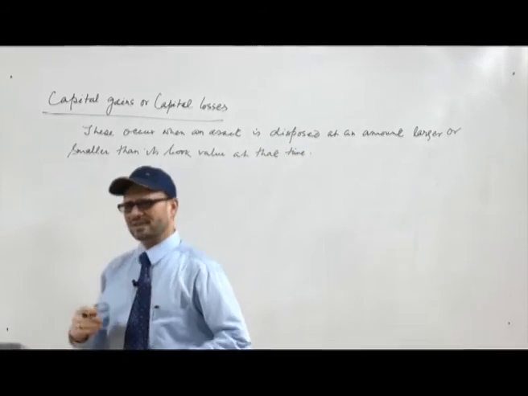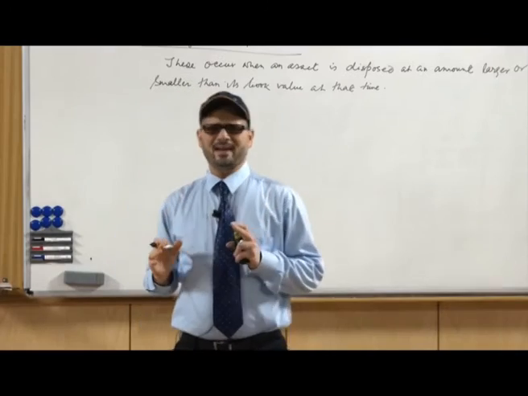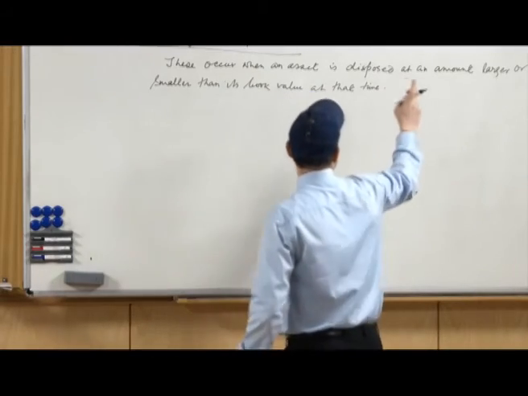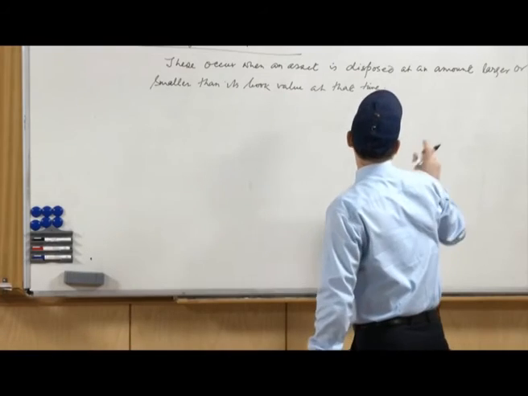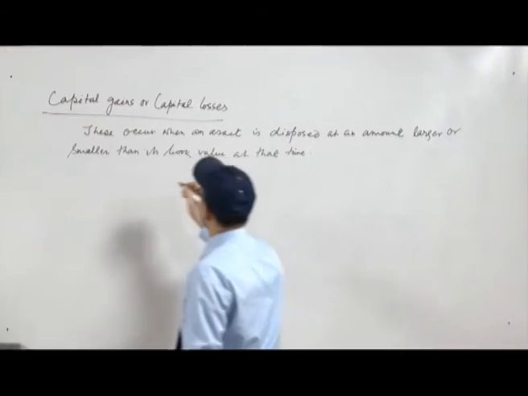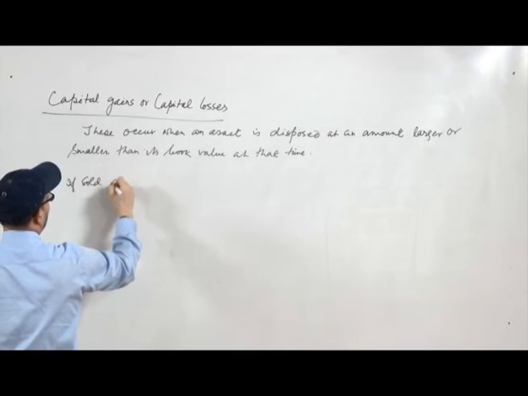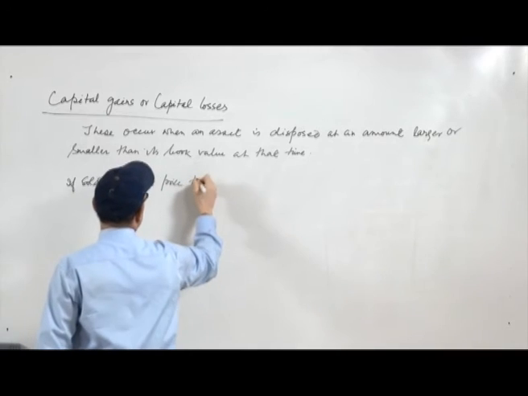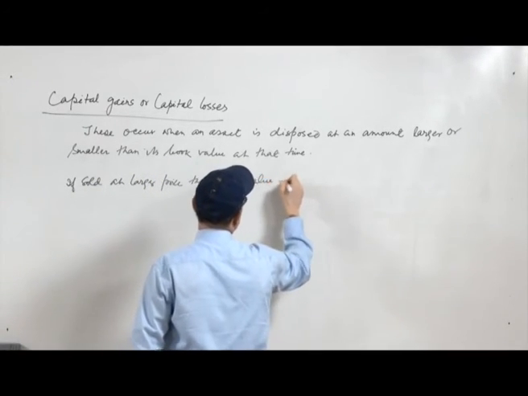So, suppose an asset which had a certain life is, at any point of time, disposed at an amount larger than its book value. If sold at a larger price than book value, it is a capital gain.